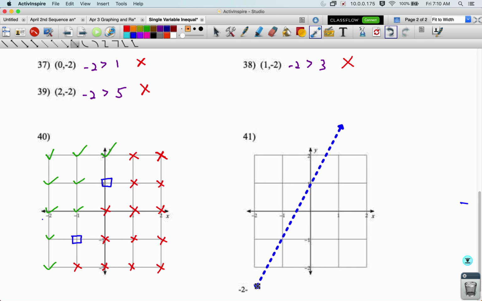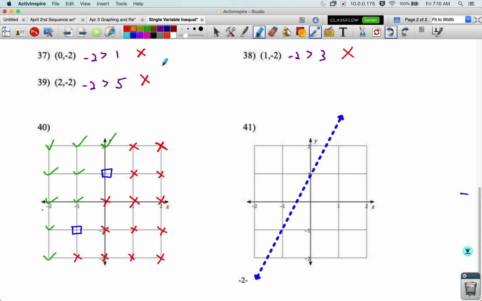Then we're going to shade the side of the line that had all of the correct solutions. And that is what a graph of y is greater than 2x plus 1 should look like.